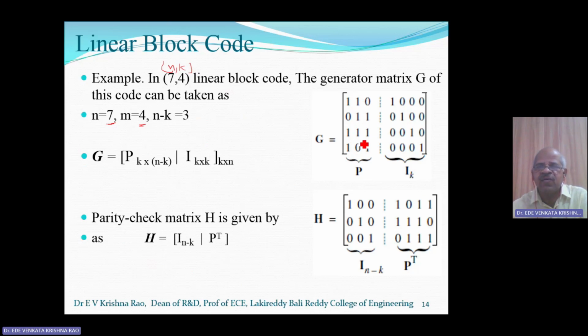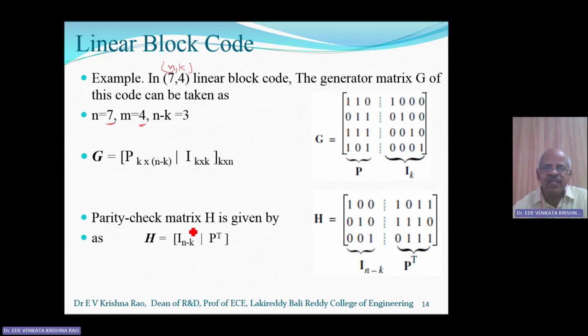For B1 they are 1, 1, 1, 0, and similarly for B2. This is B0, B1, B2, like 1, 1, 1. This is the P matrix, k by n minus k, so 4 by 3, and this is k by k, a 4 by 4 unity matrix.